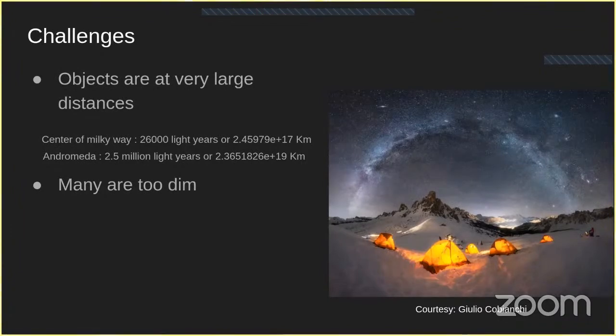All the other flux just goes away in every single direction. So due to these immense distances, the flux that you observe is very, very small. When you're observing something like other galaxies, the number of photons that you observe is so small that you need to take very long exposures, and that adds to the difficulty of trying to analyze certain objects.